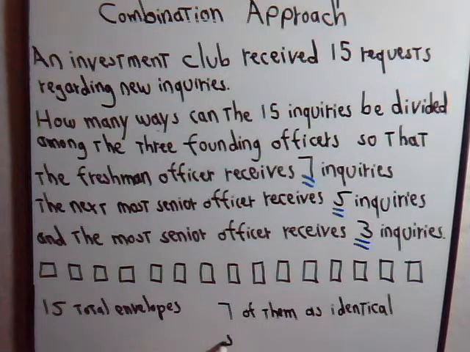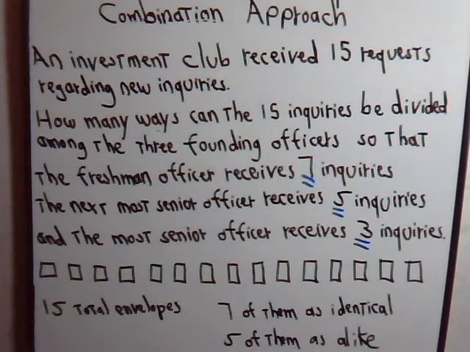Likewise, there's another group of 5 of them that we consider as alike. And finally, 3 of them that we can consider as being the same, because they're all targeted for the same destination.